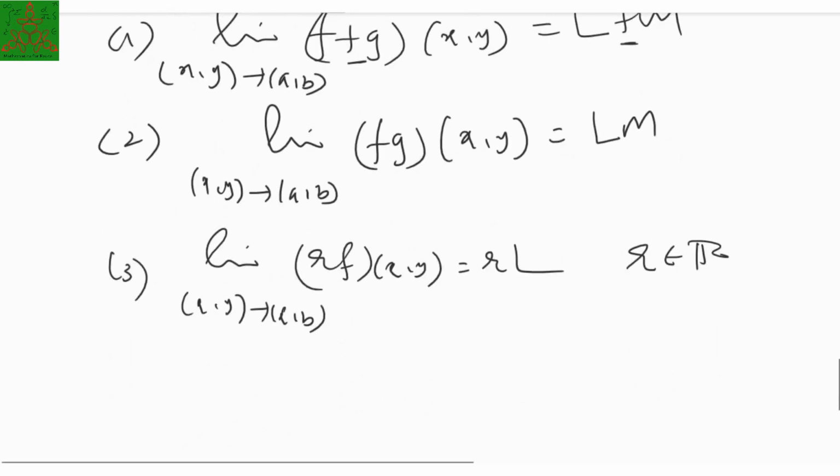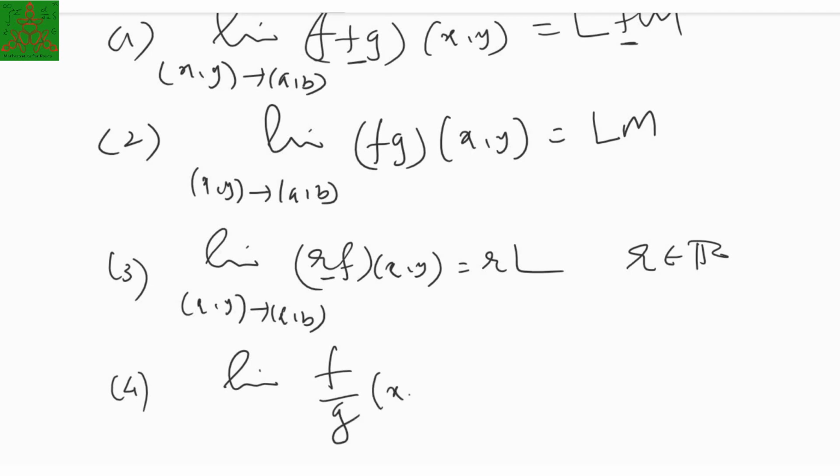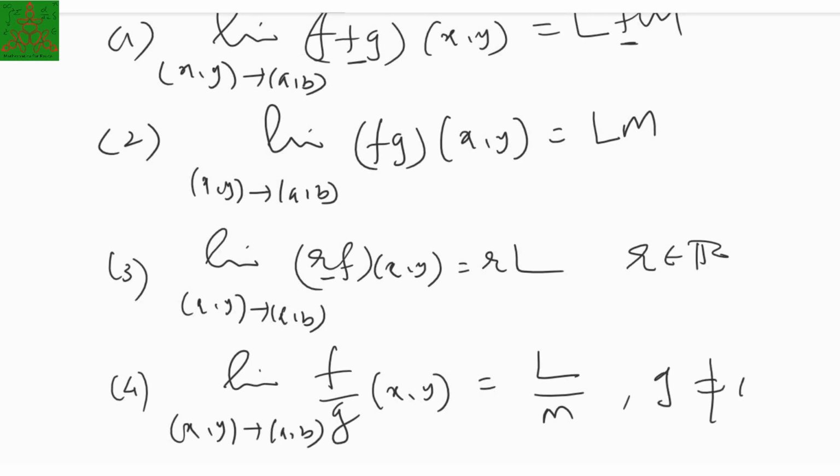If you multiply a function by r, you can take that r out of the limit, that is the meaning of this. Another one is that the limit of f upon g at (x, y) will be L upon M as (x, y) tends to (a, b), provided M is non-zero.